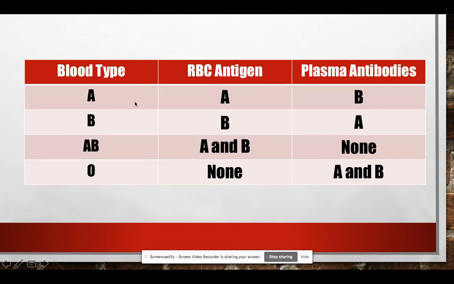So I can only accept blood that has A's on it. I cannot accept B's. Those will not react well with me, and it'll actually cause a really nasty reaction that we will talk about later. So type A blood can only accept A blood because it has A antigens. It can't accept B because it has B antigens that will not match up.